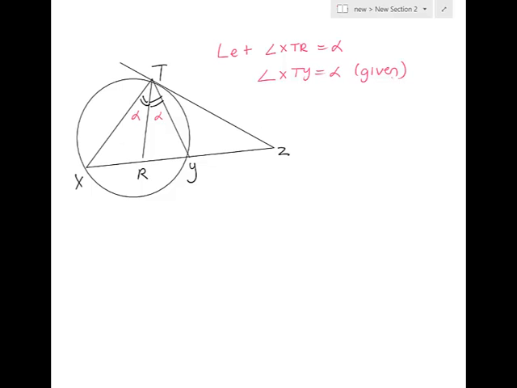Now what I'm going to do is focus on the tangent. I'll write my notes down here. Let's focus on the tangent TZ. Before we begin with the tangent TZ, let's look at the properties of tangents.